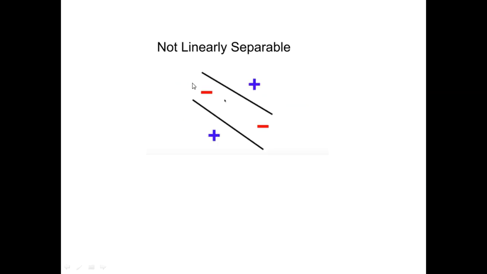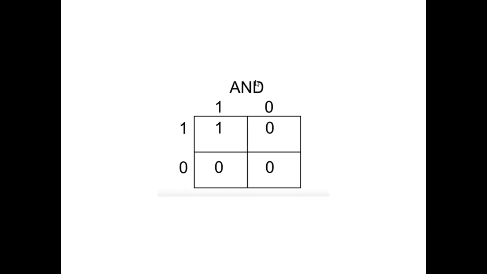But here we have a case in which we cannot differentiate them using one single line, and that's why this data is not linearly separable, right? Same, if we have an AND function like this one, we all know that in AND, if 1 and 1, that is true, otherwise in every case it is false. So we can draw a line between them like this one, and we can linearly separate them into two separate parts, ones on one side and zeros on the other side.